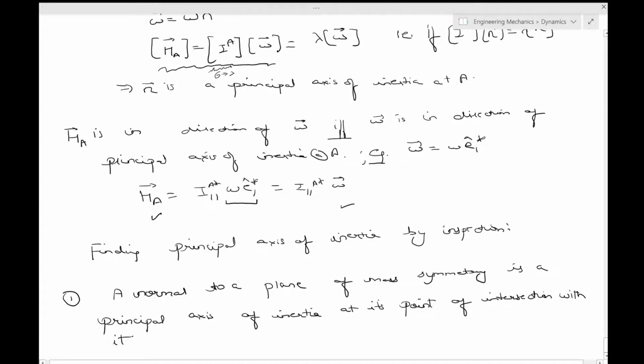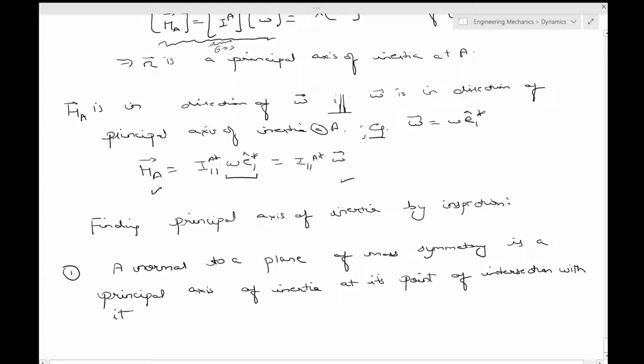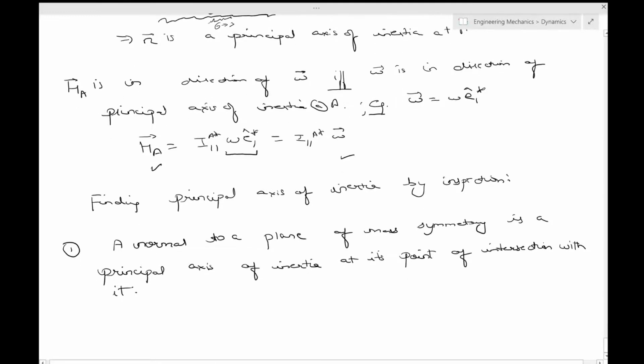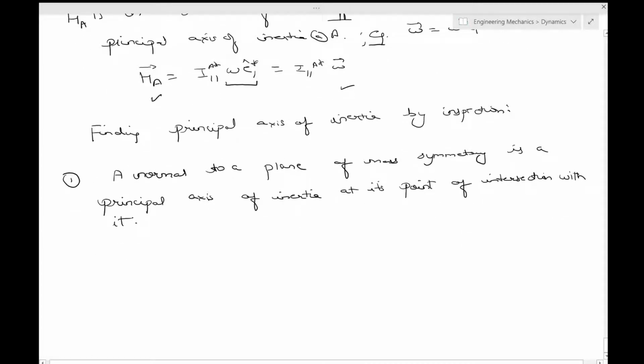A normal to a plane of mass symmetry is a principal axis of inertia at its point of intersection with it. So let's see one example.